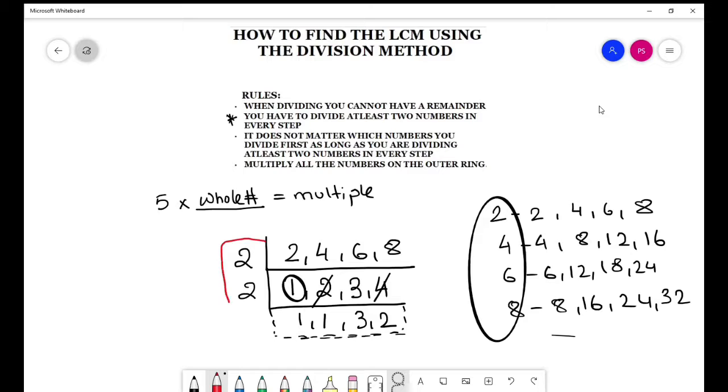What I mean by the outer ring is this: the numbers that I divided by and whatever is left on the bottom. If I multiply these, that will give me my LCM. So 2 times 2 is 4, 4 times 1 is 4, 4 times 1 is 4, 4 times 3 is 12, 12 times 2 is 24. And the LCM of 2, 4, 6, and 8 is 24.